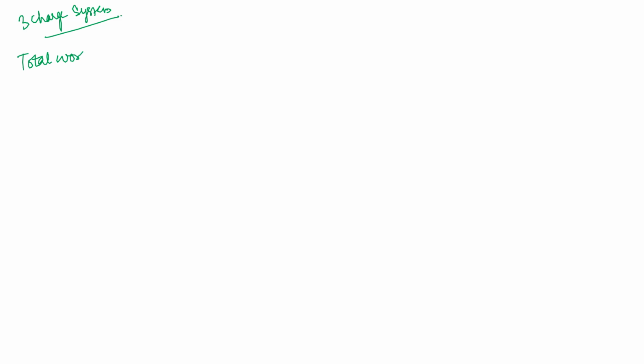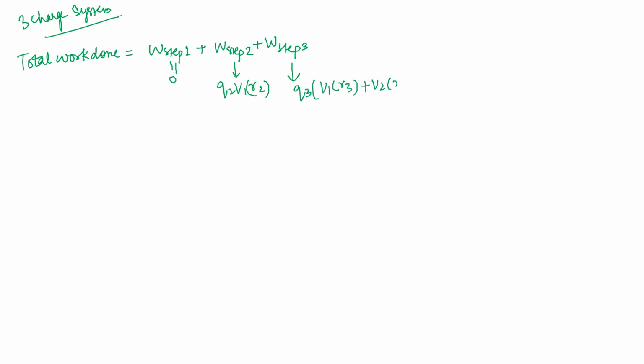Total work done, that is work done in step 1 plus work done in step 2 plus work done in step 3. In step 1 it is 0. In step 2 it is Q2 V1 at R2, and for step 3 it is Q3 at V1 R3 plus V2 at R3.